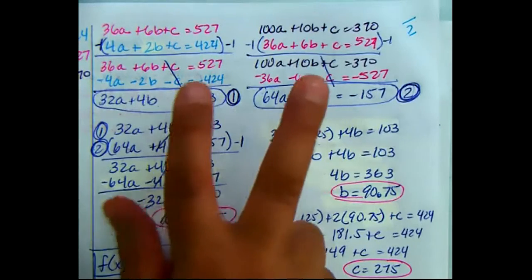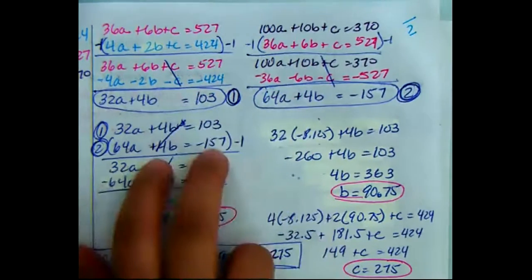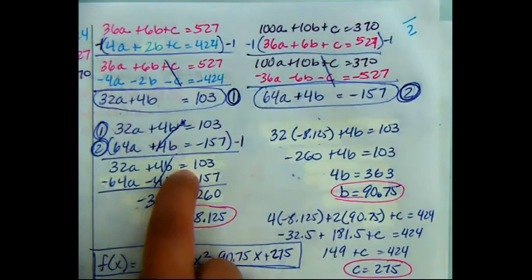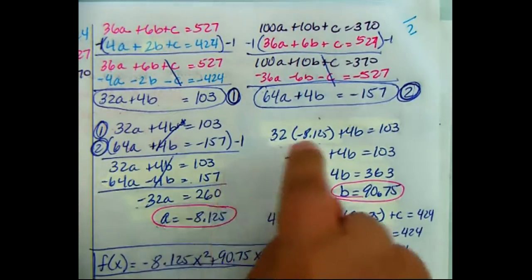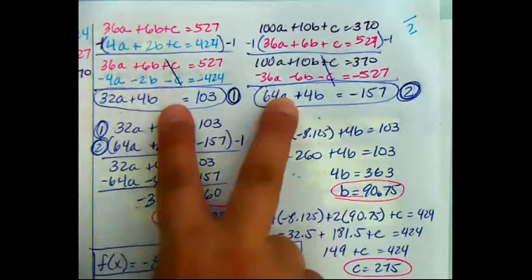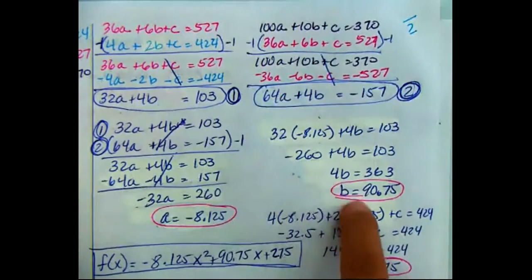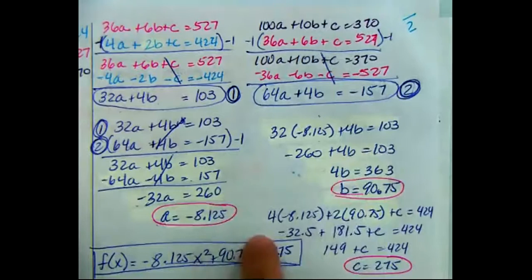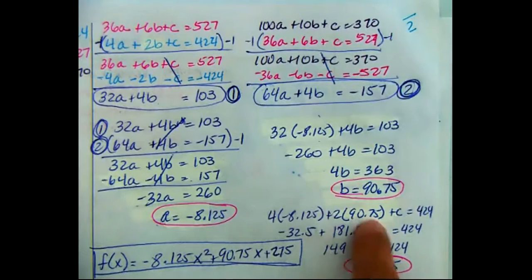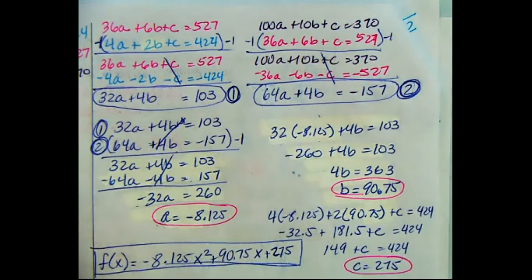Take those 2, put them together, eliminate another variable, solve for this remaining variable, take that, plug it into one of the ones with the 2 variables to get the second variable, and then take those 2 and plug them into one of the original equations here to get the third variable, and then put them all in a quadratic function.